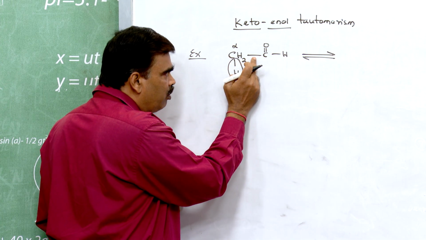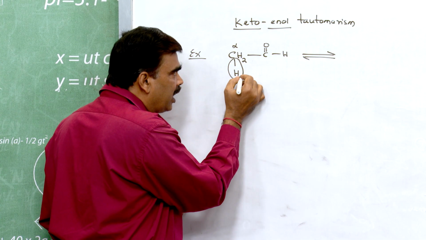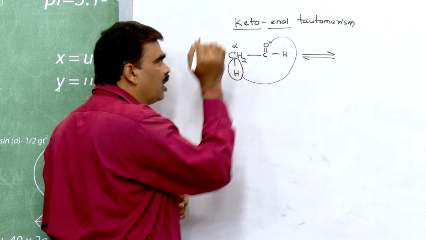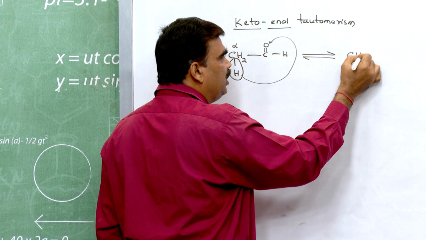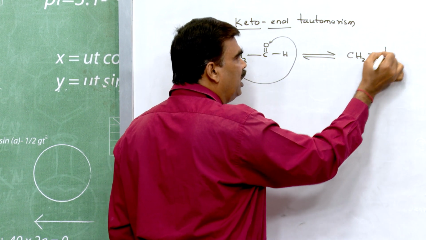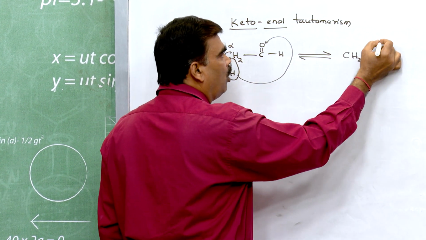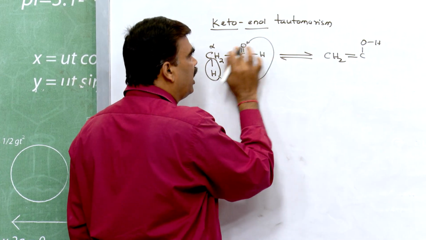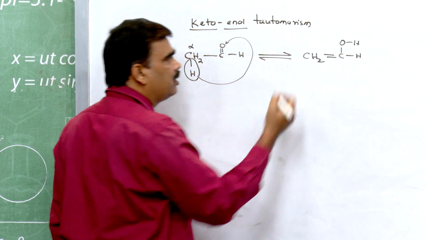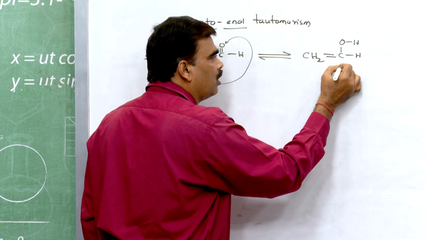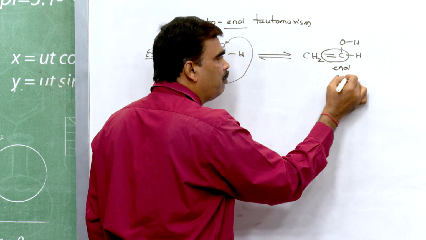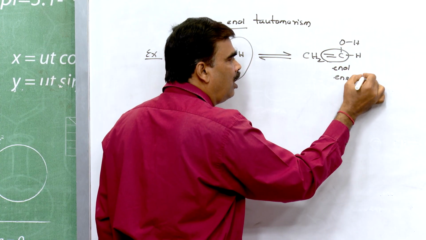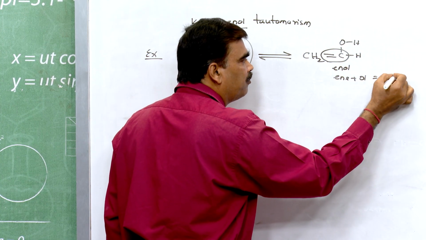So यहाँ से डबल बॉन्ड बना दो. इसी हाइड्रोजन को लेके इसी ऑक्सीजन के पास लगा दो और ये जो डबल बॉन्ड उसको तोड़ दो. तो क्या बनेगा यहाँ पे CH2 डबल बॉन्ड C, यहाँ पे सिंगल बॉन्ड हो जाएगा, O इसके साथ H लग जाएगा और यहाँ पे H आ गया. इसको कहते हैं एनॉल. Ene plus OH means enol.